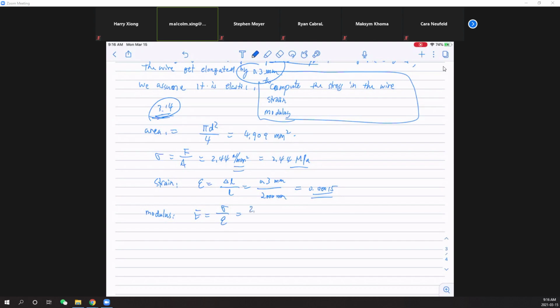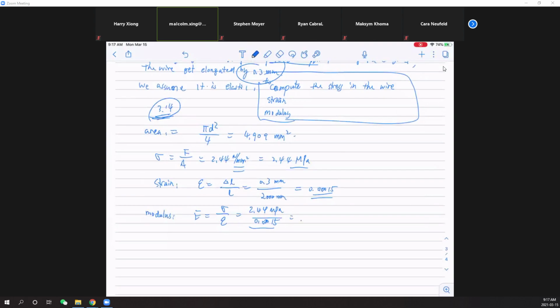So we get 2.44 megapascal over 0.0015. So you can get the numbers. If you have time, you can calculate it by yourself. And think about this kind of megapascal, right?